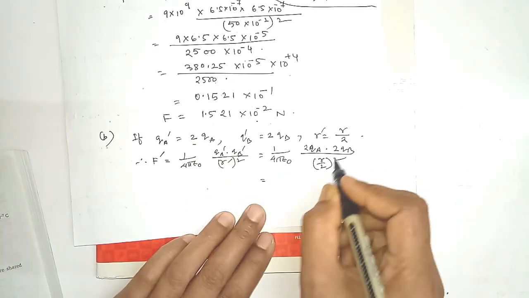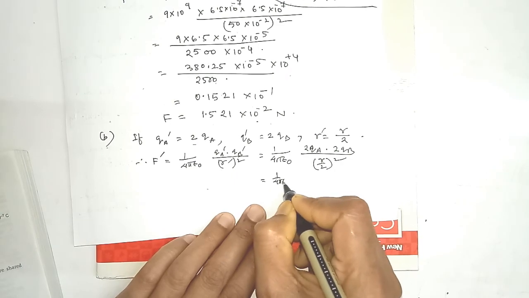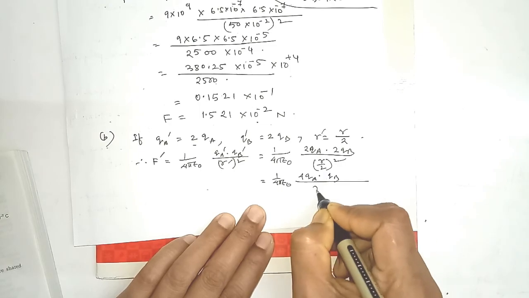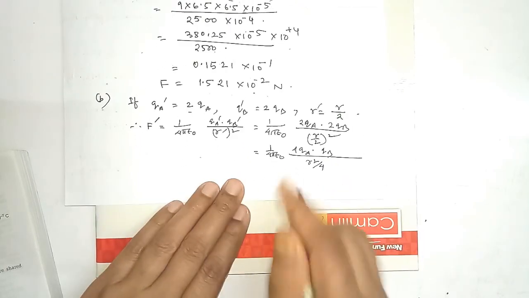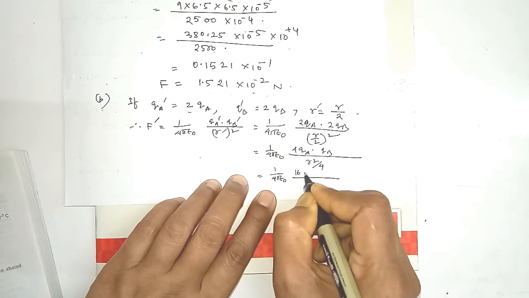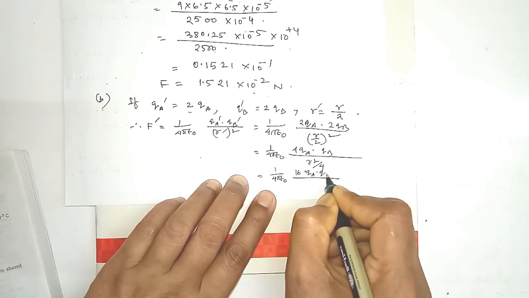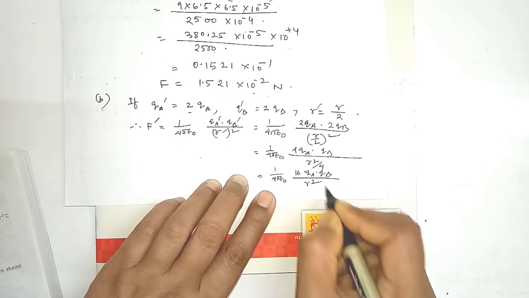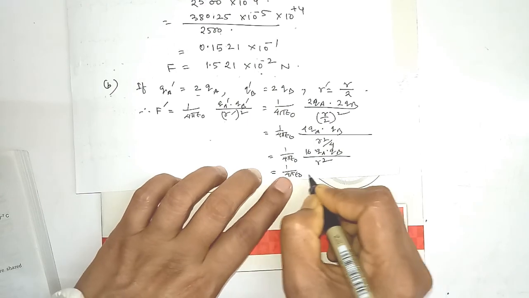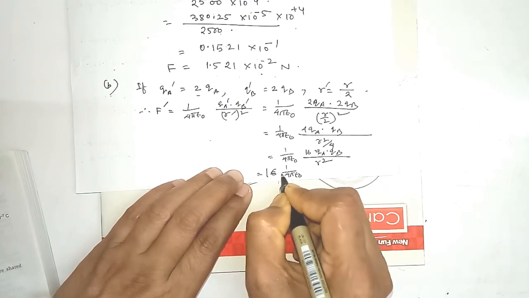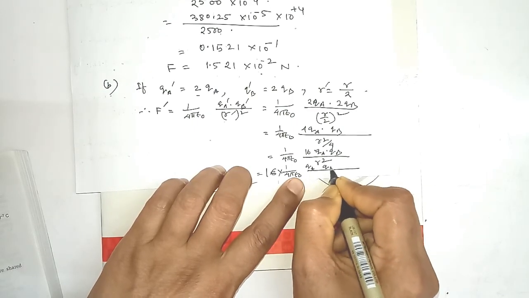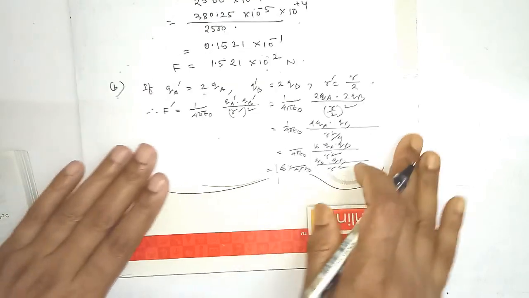Okay, so we can write that 1 by 4 pi epsilon naught into 4 QA QB by R square by 4, which is also 1 by 4 pi epsilon naught into 16 QA QB by R square, which is also written as 16 into 1 by 4 pi epsilon naught into QA QB by R square.